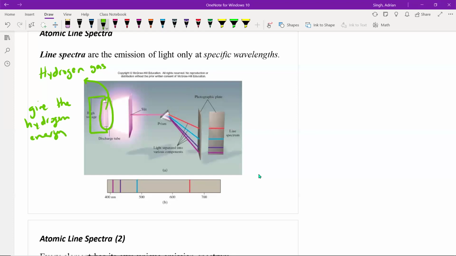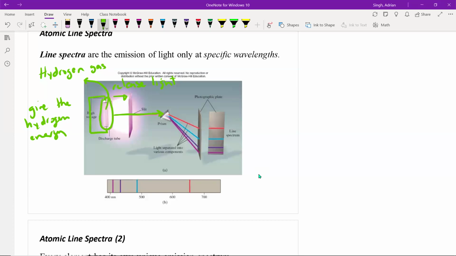Remember, in the sample we have hydrogen atoms in here. And when these hydrogen atoms absorb that energy, they then start to release light, or they emit light. And if we force that light through a little hole in here, so we have just one singular beam of this light, and we pass it through the same thing, like how a rainbow happens, here we have a prism instead of a water droplet, but it does the same thing.